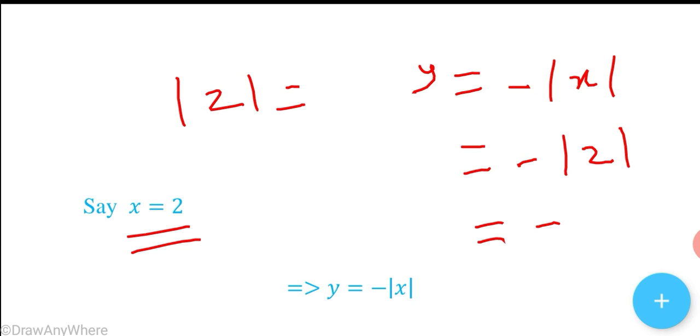Modulus of 2 is equal to 2, and also modulus of minus 2 is equal to 2. So for x equal to 2 we have y equal to minus 2.